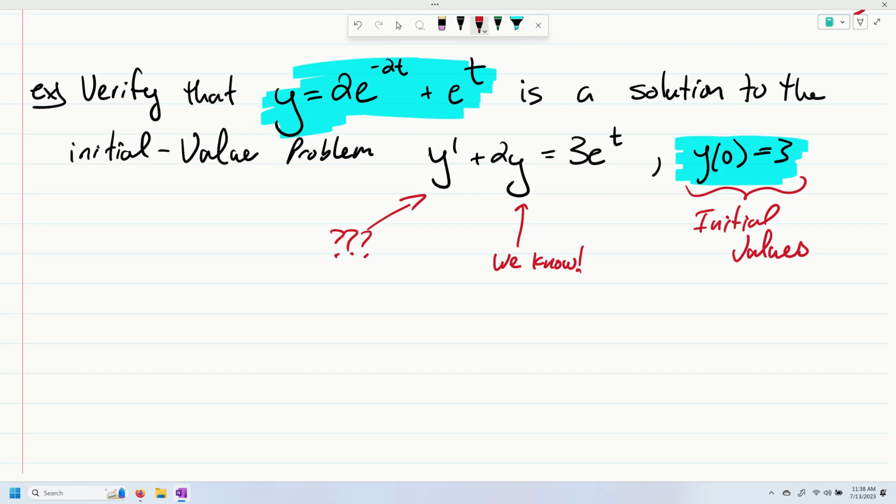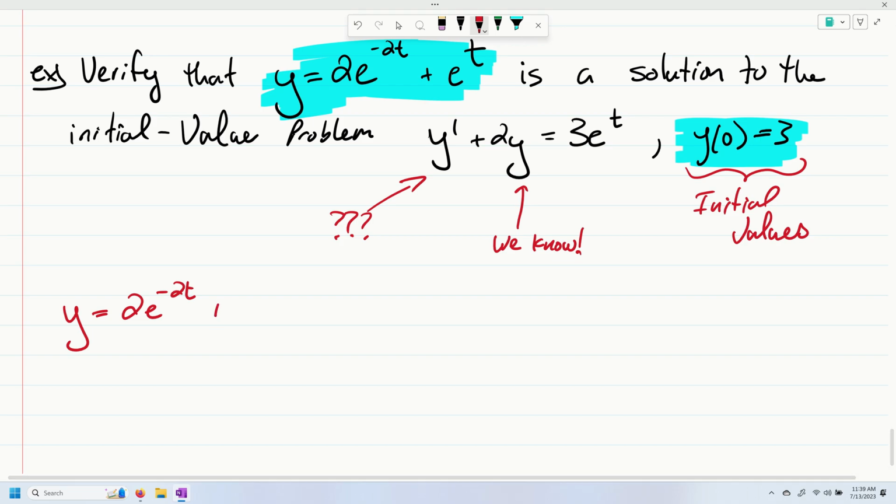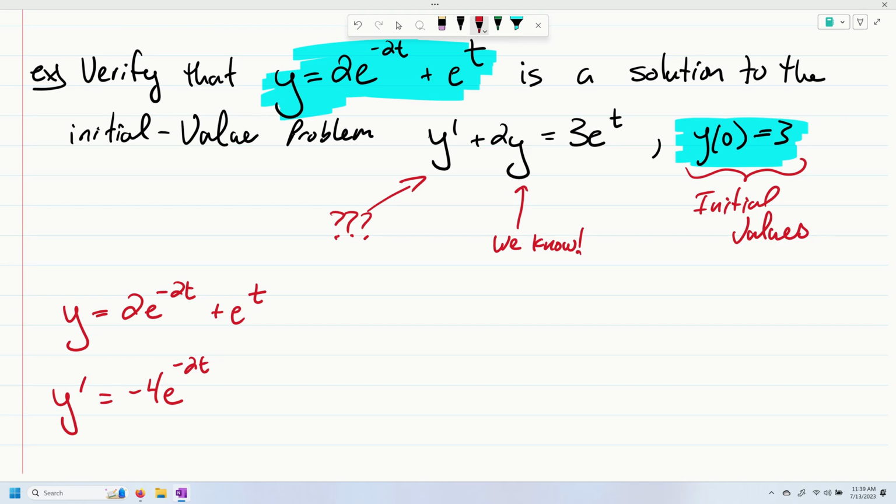Therefore, the first thing we have to do is take y equals 2e to the negative 2t plus e to the t and find its derivative. So the derivative is going to be y prime equals, oh, that's a horrible looking y prime. Y prime equals negative 4e to the negative 2t plus e to the t. Remember, chain rule, multiplied by negative 2.